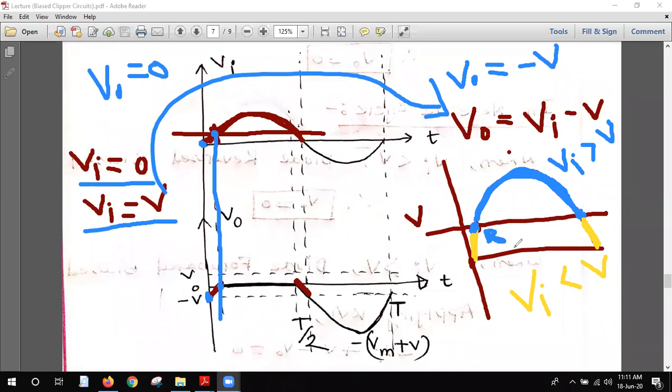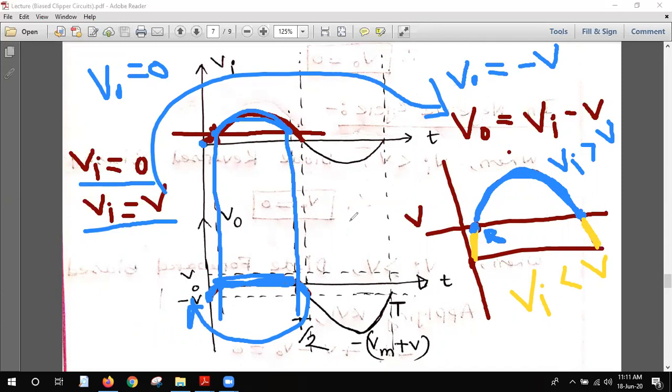Here I am talking about this portion, the reverse bias portion, where the output is totally 0. And on this side it is exactly the same like this one. So the middle one is the reverse bias, and the two sides are the forward bias.